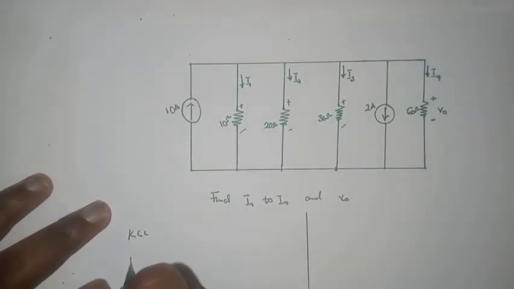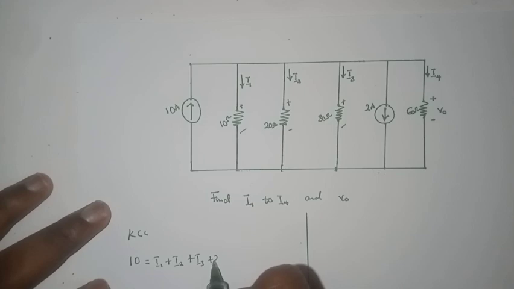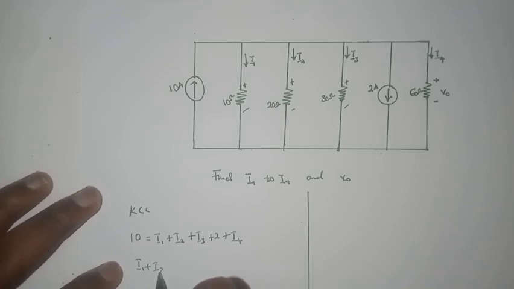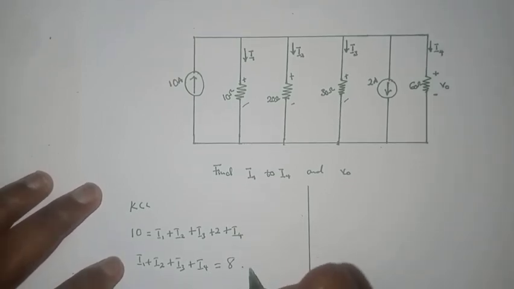So we can say that 10 equals I1 plus I2 plus I3 plus 2 plus I4, which means that I1 plus I2 plus I3 plus I4 equals 8. Let's call this our first equation.